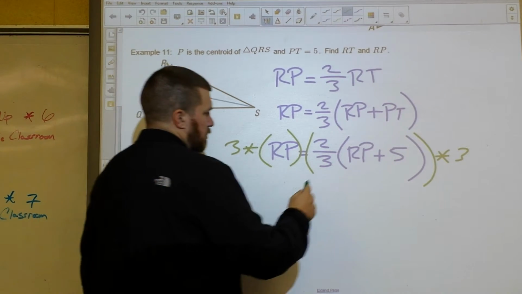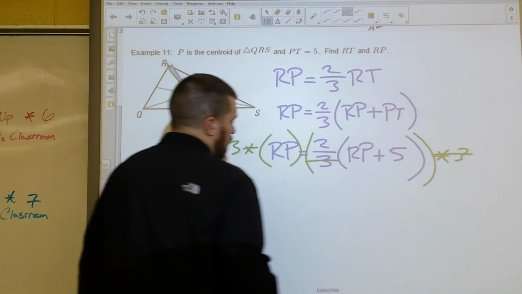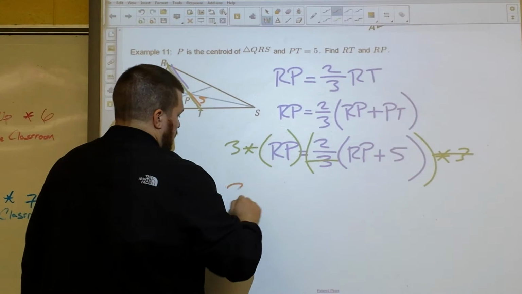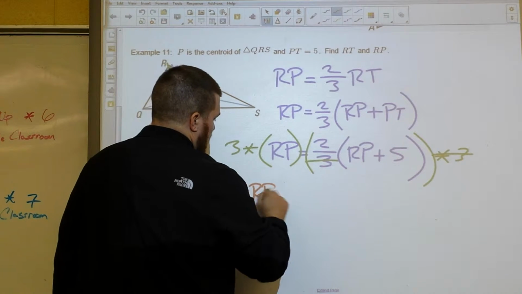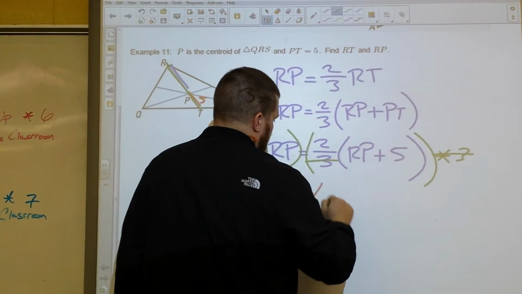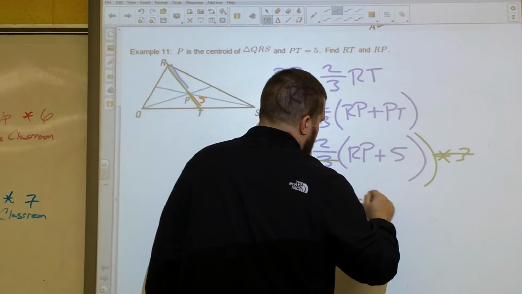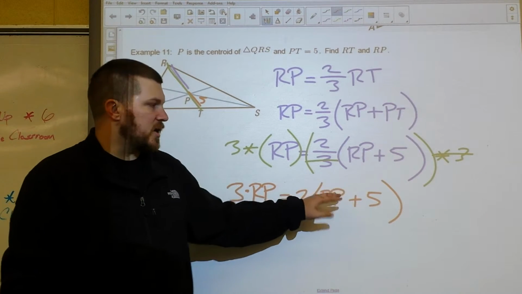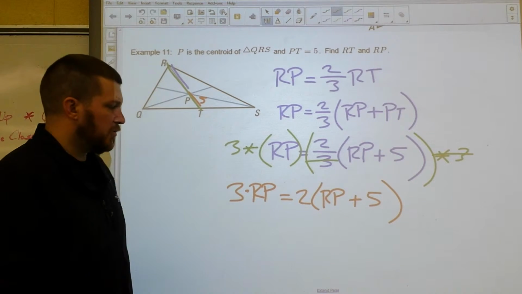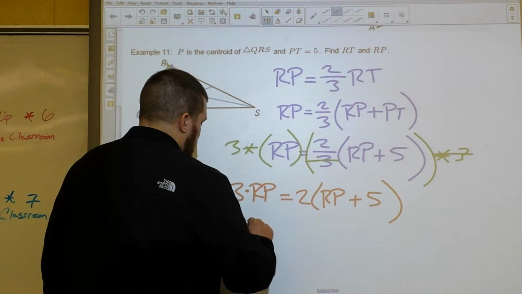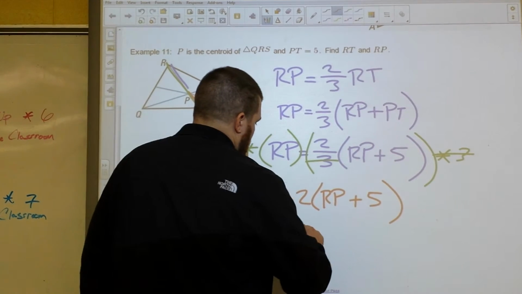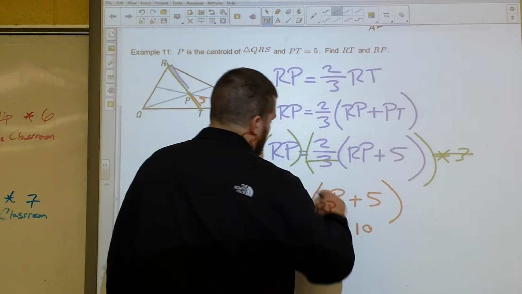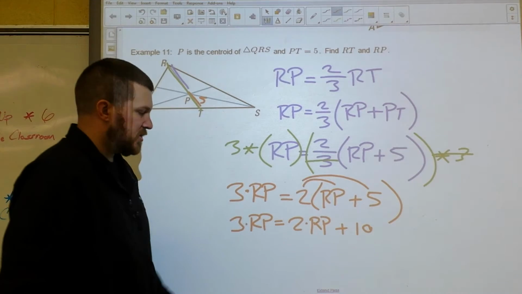The 3's cancel out on this side, leaving me with 3 times RP is equal to 2 times parentheses RP plus 5. Now I'm going to do the distributive property, because this is a lot easier than doing it with a fraction. So 3 times RP just falls down, equals 2 times RP plus 10.